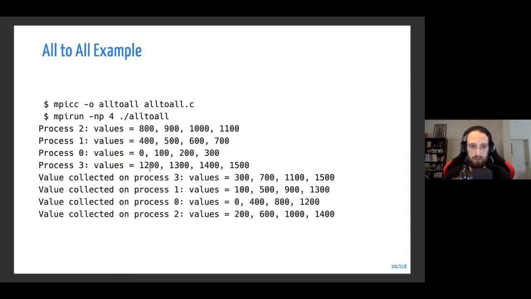So this is basically the column, but it's been transposed, these rows, sorry, and it is transposed in terms of columns. This is why I say it looks like a transpose operation. And you can see the same thing on process 1. You have the values 100, 500, 900, 1300. This is what we see on process 1.